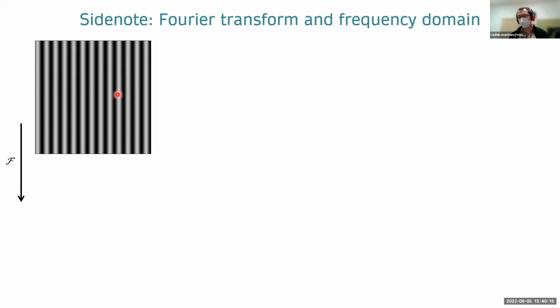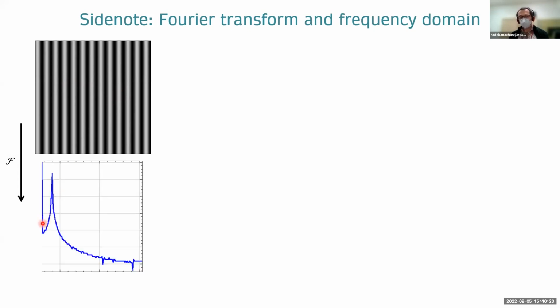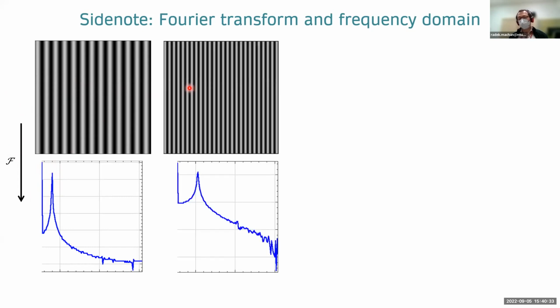Another way of describing it is in terms of spatial frequency. You say that everything repeats with a certain spatial frequency. It's a very efficient way to describe periodic structures. If I have a structure with double the period, then the spatial frequency is smaller. This is not so obvious, but you can do this also for an arbitrary image.